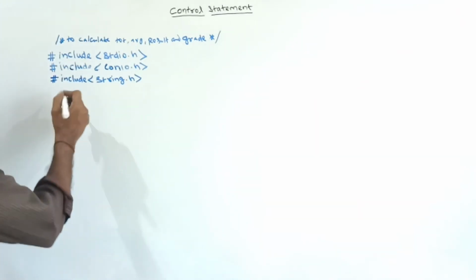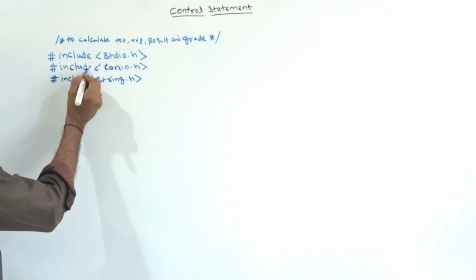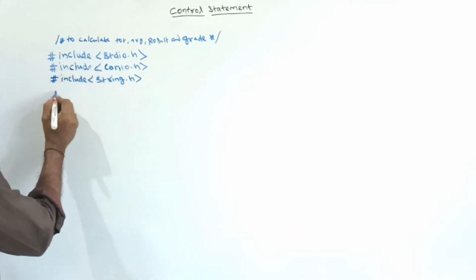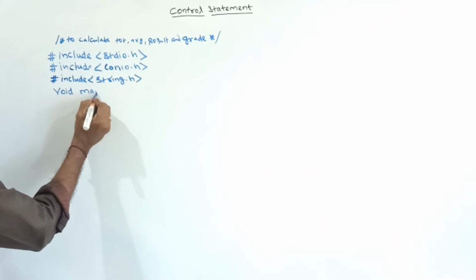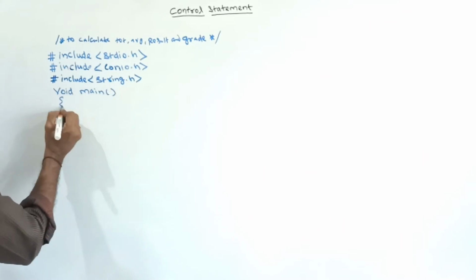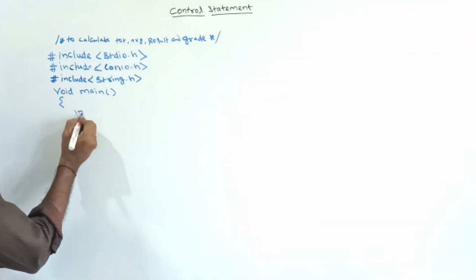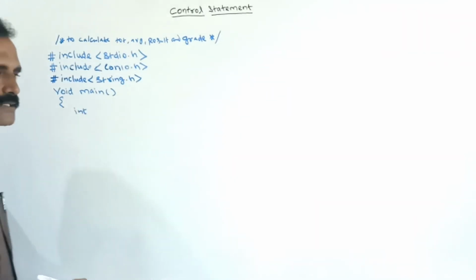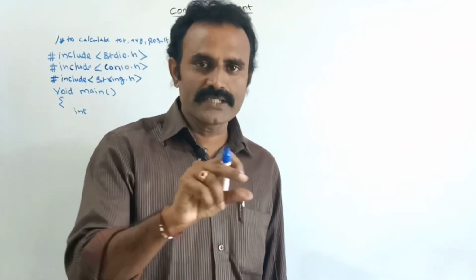So here I have included 3 header files. After that, void main, here I am going to declare the subject marks. This is an integer variable, because in the mark list the marks will be given in whole numbers only.